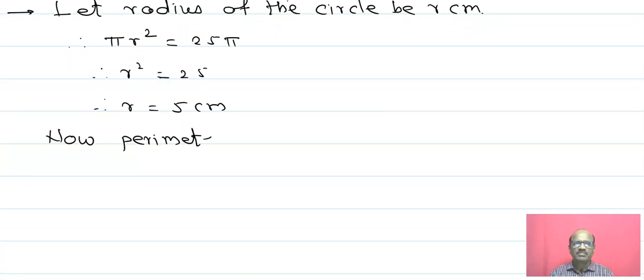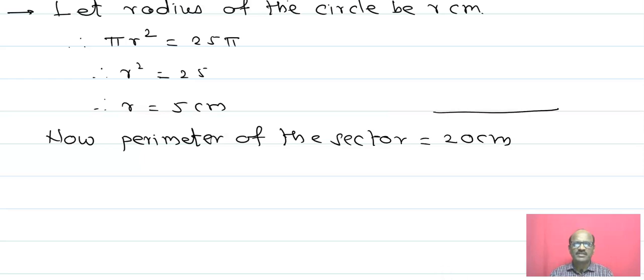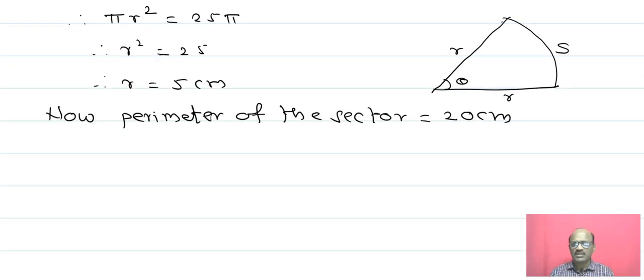Now perimeter of the sector. Now see this 20 centimeter. These are two radii and this is the arc. The perimeter of the sector is the sum of these, s plus 2r is equal to 20. Now we know the radius.